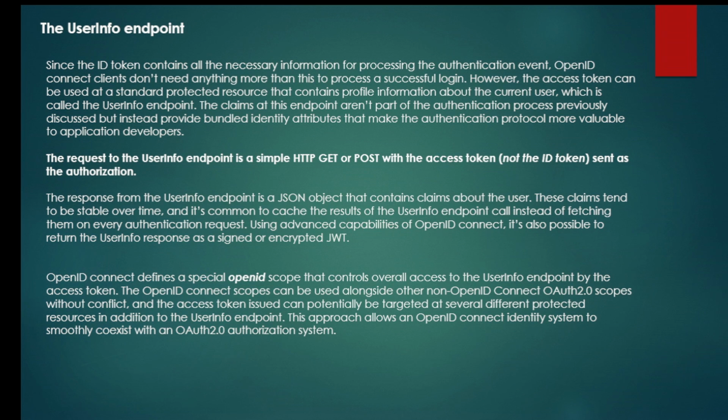The OpenID Connect scopes can be used alongside other non-OpenID Connect OAuth 2.0 scopes without conflict, and the access token issued can potentially be targeted at several different protected resources in addition to the UserInfo endpoint. This approach allows an OpenID Connect identity system to smoothly coexist with an OAuth 2.0 authorization system.